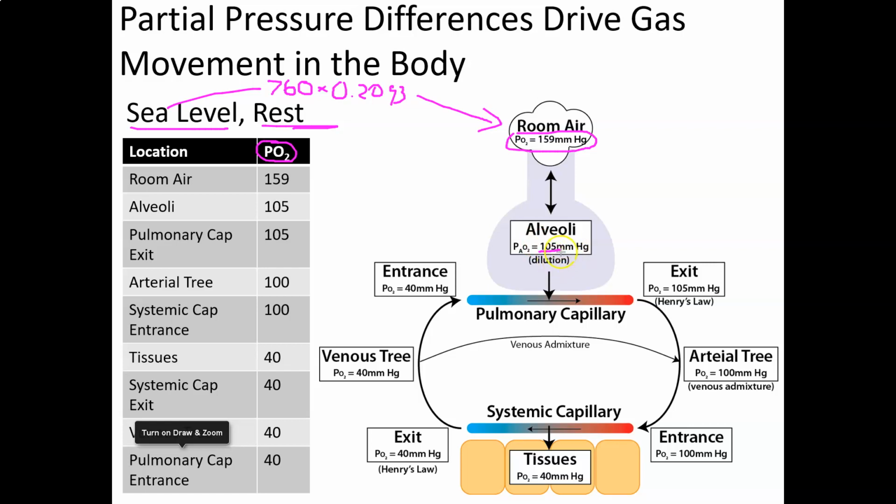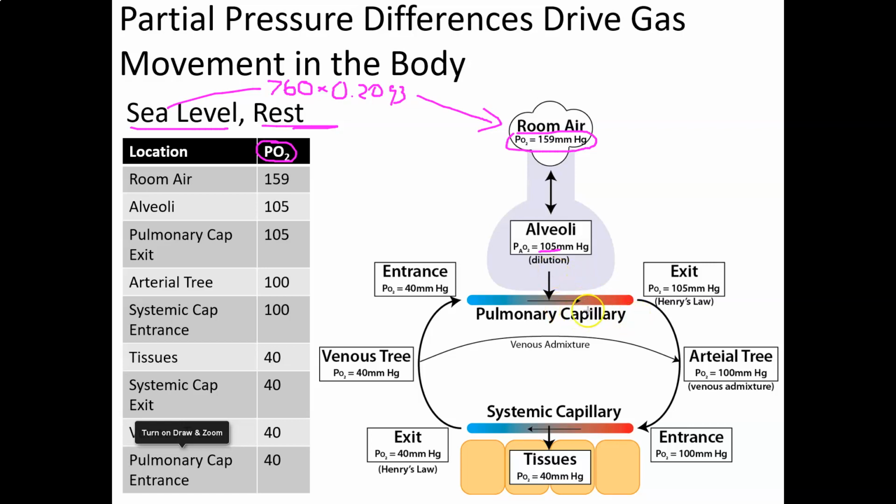Once we know that it's 105 in the alveoli, as the blood moves through, the partial pressure of the gas in the alveoli will cause the partial pressure of the liquid, that's the blood, to equilibrate.